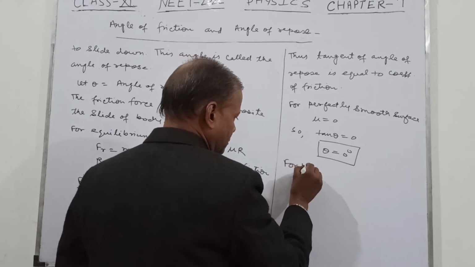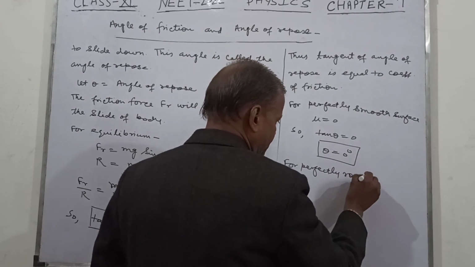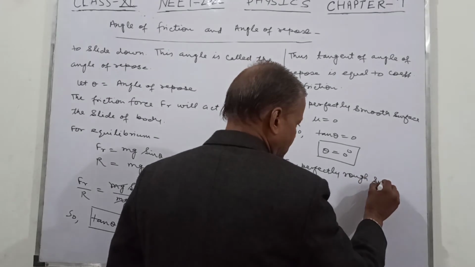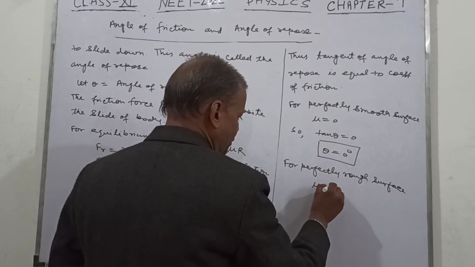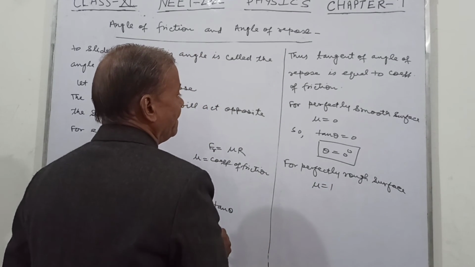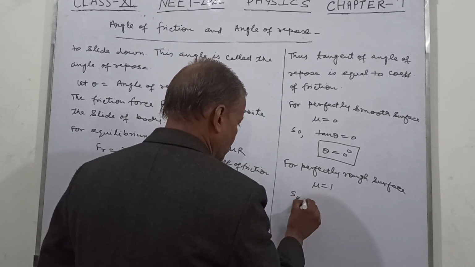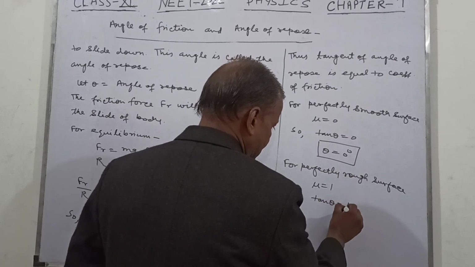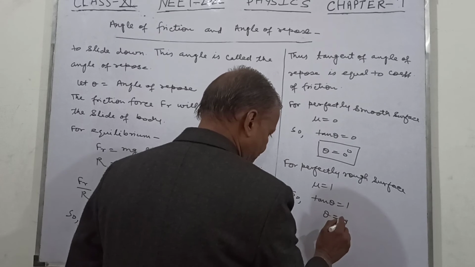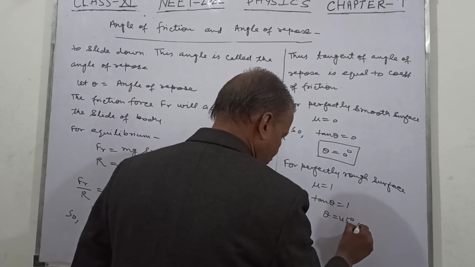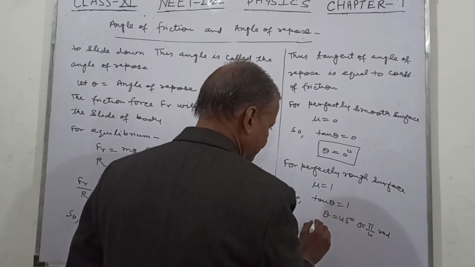For a perfectly rough surface, mu is equal to 1. So theta equal to 45 degrees, or pi by 4.